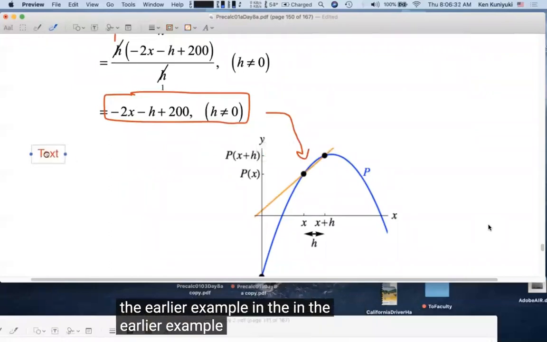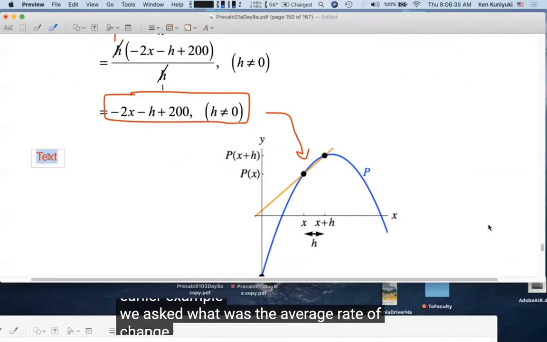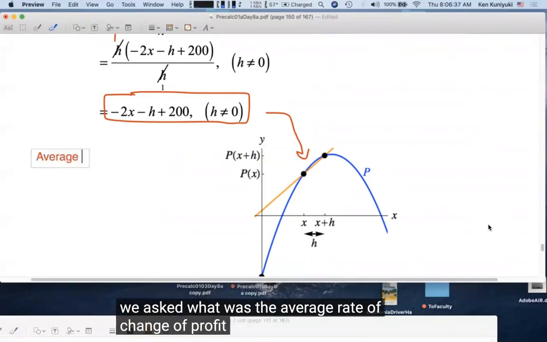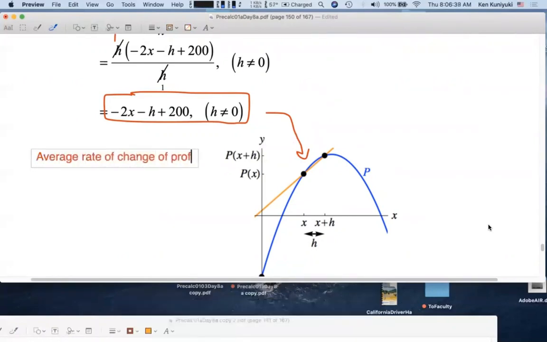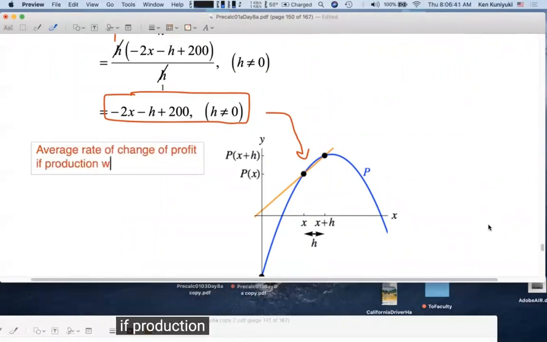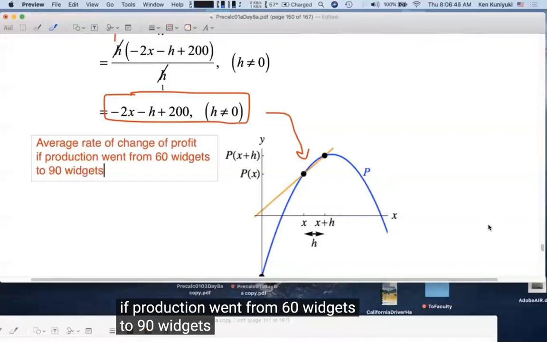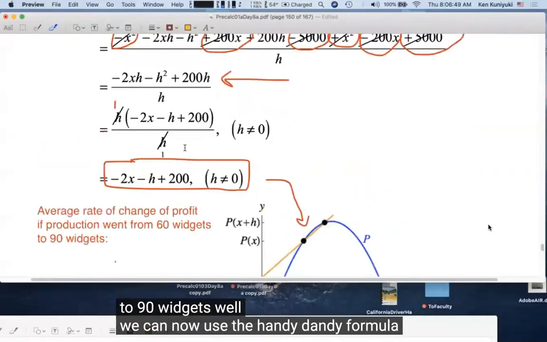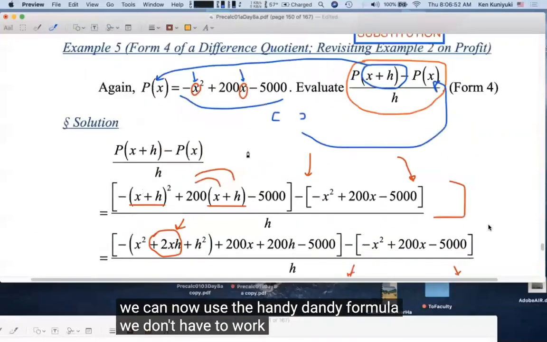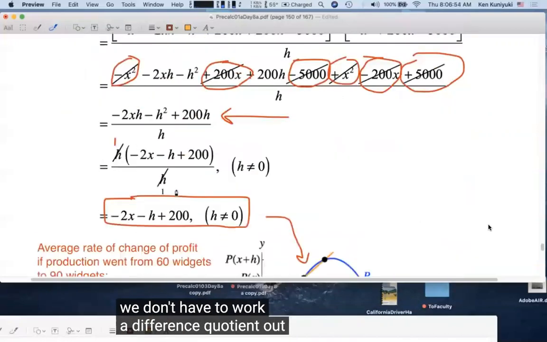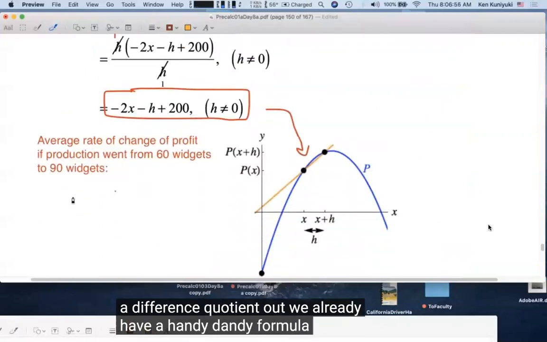In the earlier example, we asked, what was the average rate of change of profit if production went from 60 widgets to 90 widgets? Well, we can now use the handy-dandy formula. We don't have to work a difference quotient out. We already have a handy-dandy formula.